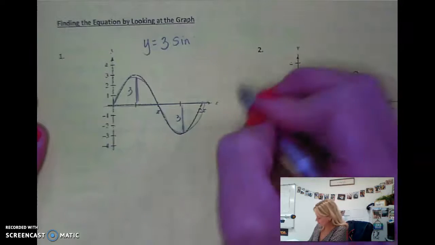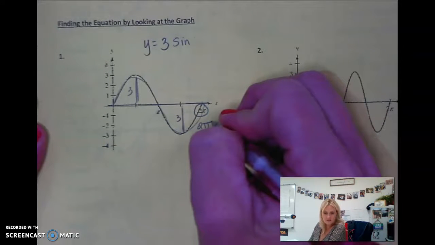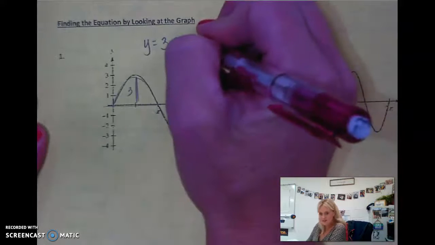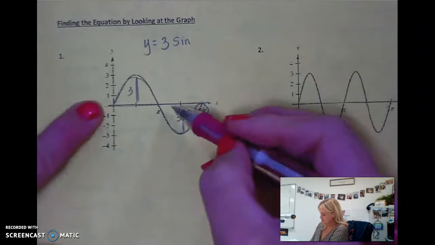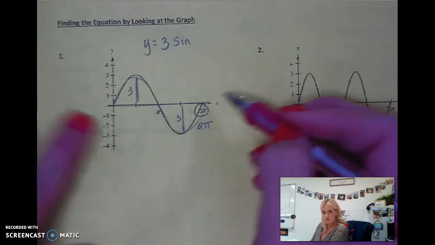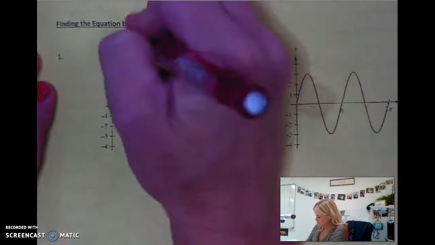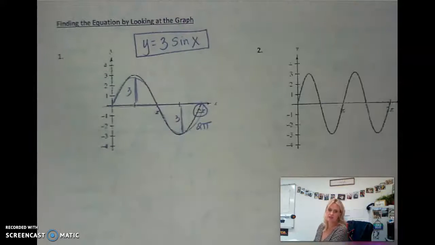The next thing I would look at is your period. Your period here is 2 pi. Well, that means that B was 1. It was not affected. Did your midline shift up or down? Or did your graph shift left or right? It did not. So the only thing left to put in is your function x.